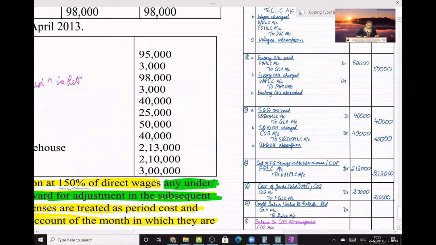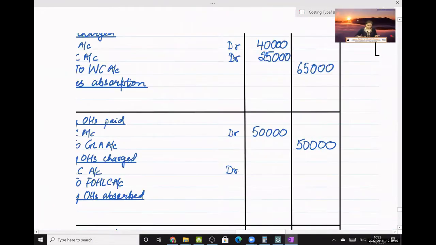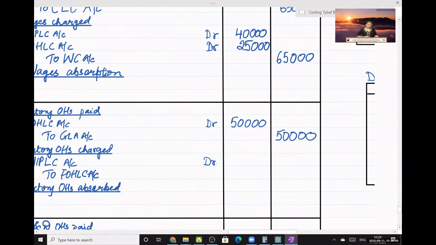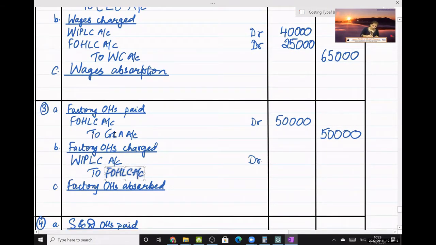Yeah. See this? Journal entry number 3A, 3B, 3C. Okay, right. Factory overheads paid, FOH2, right? CLC. Because GLA की जगह पे they have used this abbreviation, cost ledger control. ठीक है?